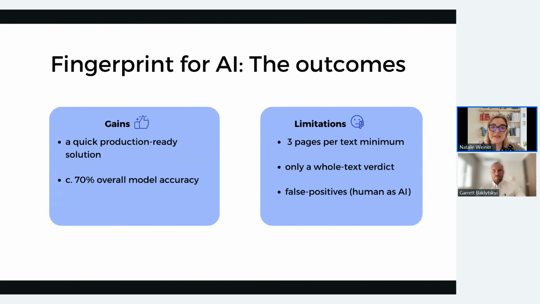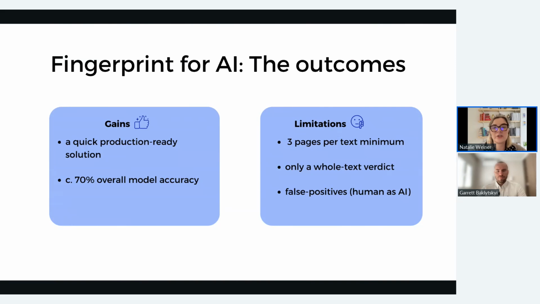At the same time, it had certain limitations. For example, one could check only texts that were longer than 3 pages. Otherwise, the accuracy would fall dramatically because we would simply not have enough text to draw any conclusions about the style. This would also be a whole text verdict, so it's either AI or human.